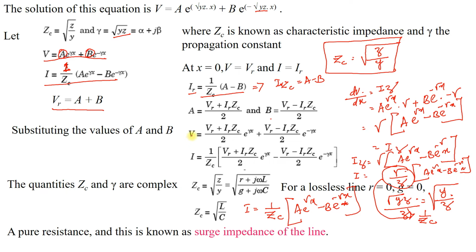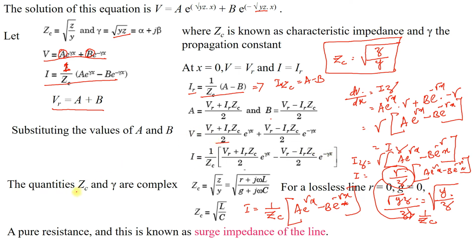So the solution for the original differential equation will be V, that means the voltage at a distance x from the receiving end, equal to VR plus IR ZC by 2, this is the A, e raised to gamma x plus B e raised to minus gamma x. Similarly, I is equal to 1 by ZC, A e raised to gamma x minus B e raised to minus gamma x.